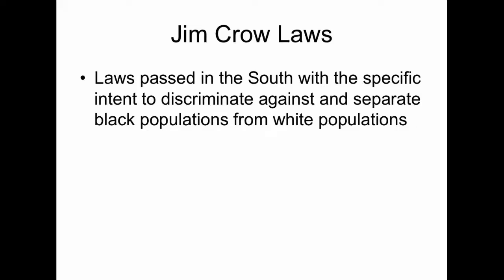So after Reconstruction, official Reconstruction, and we have white power structures and government in the South, what they start to do is take advantage of the idea that they can write laws that are state laws, and as long as the federal government doesn't respond in those ways, then they're allowed to have that particular law.